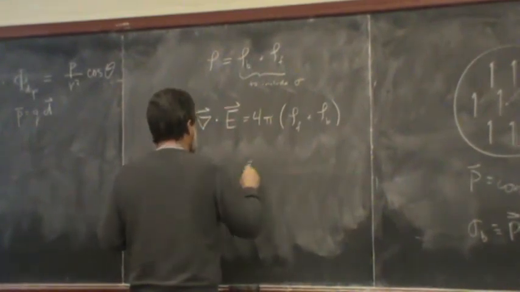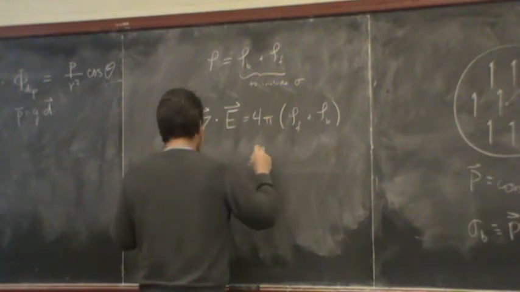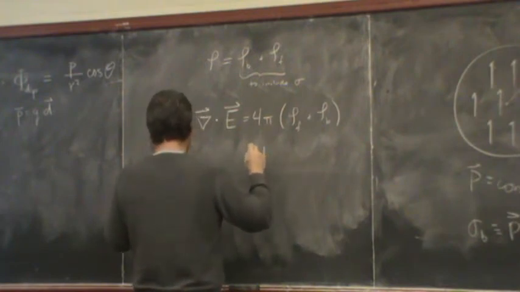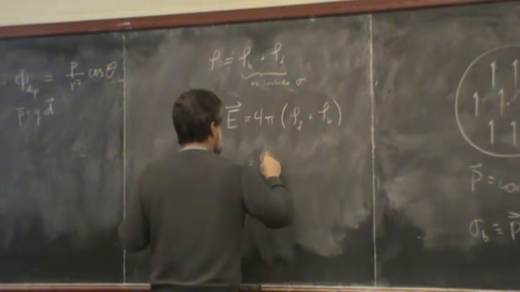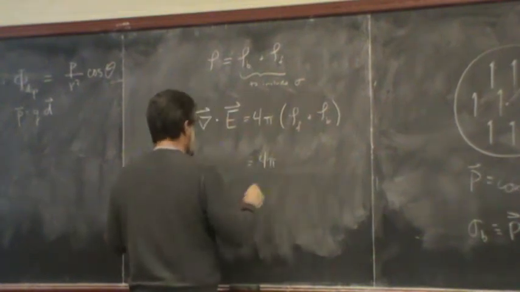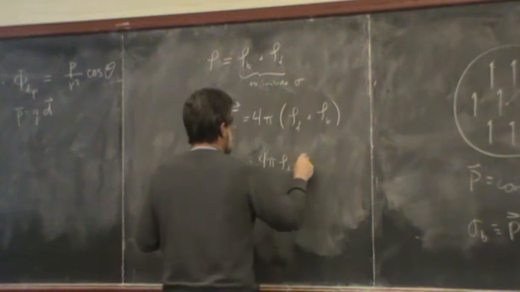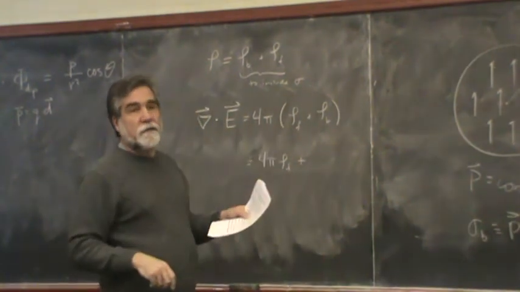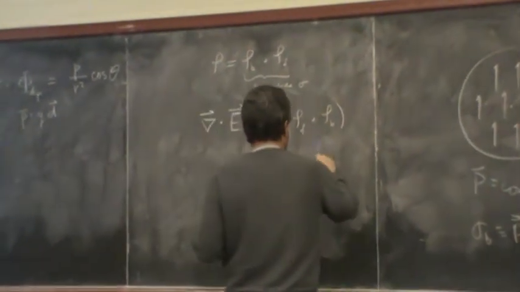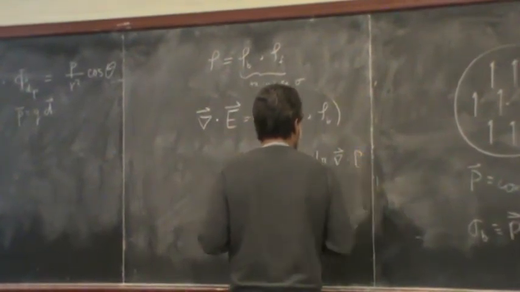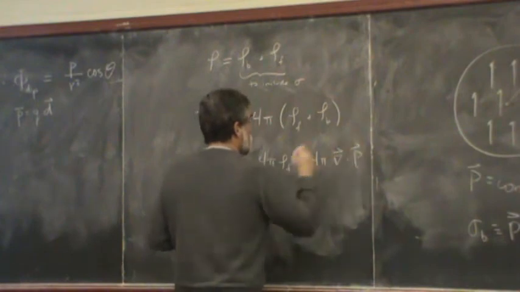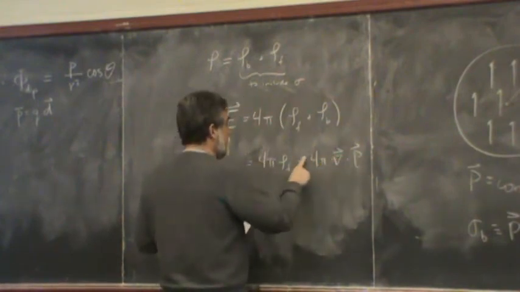I could rewrite this as 4 pi rho free plus 4 pi rho bound, but rho bound is the divergence of the polarization of the material. And that's where a minus sign comes in.